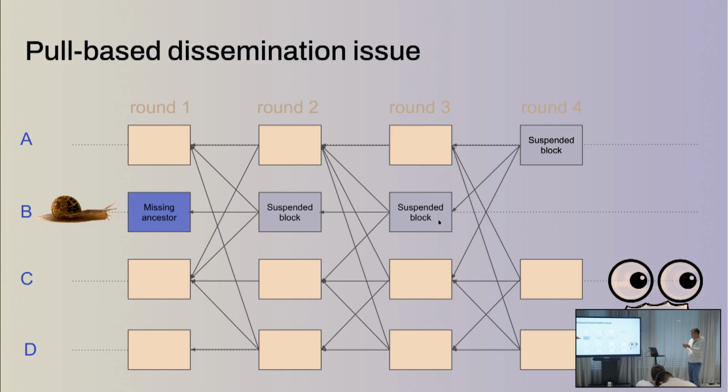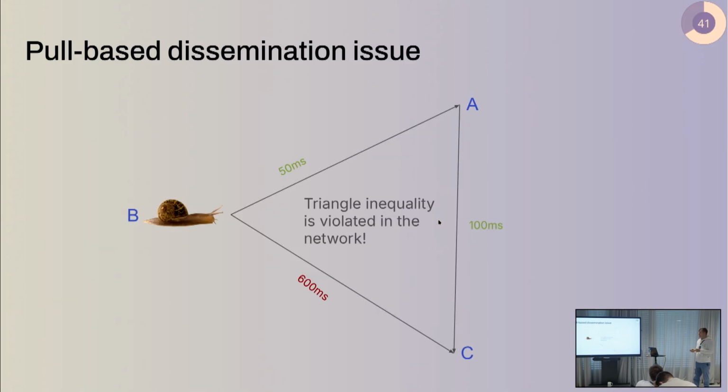Let's look at this particular problem in a more general case, when validator B may be connected to everybody else, but the latencies between validators look like this.